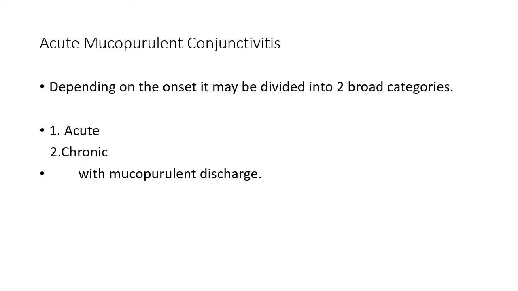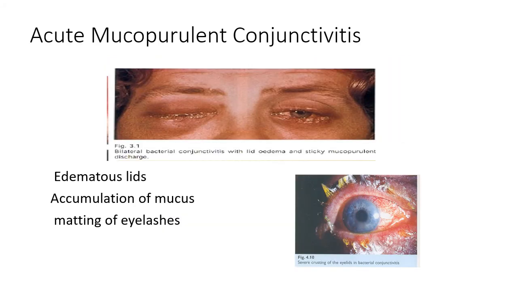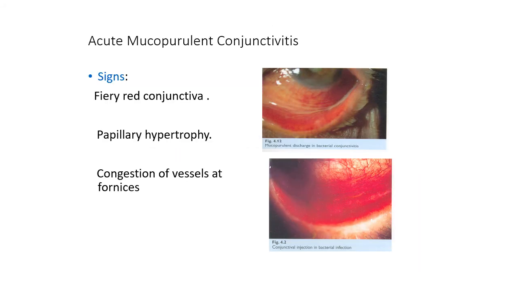It can be acute or chronic with mucopurulent discharge. In acute infective conjunctivitis, you can see hyperemia of the bulbar conjunctiva and papillary hypertrophy of the palpebral conjunctiva that is associated with mucopurulent discharge. There are edematous lids, accumulation of mucus and matting of eyelashes. As a sign, you can call it a fiery red conjunctiva.